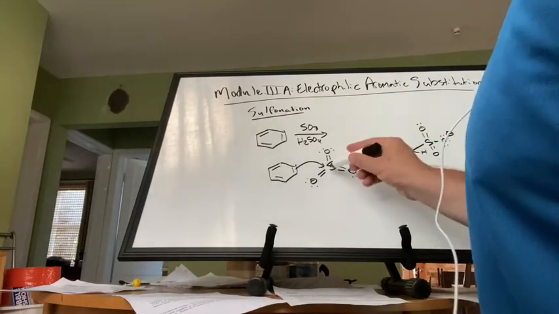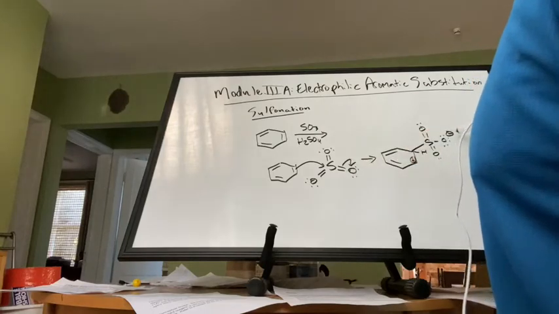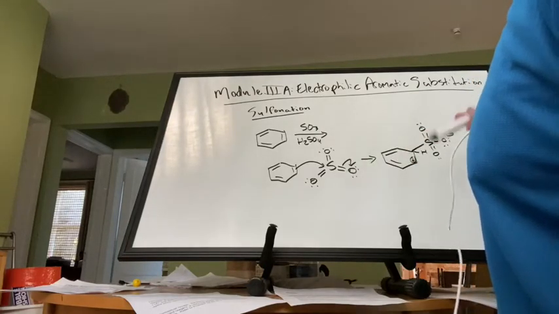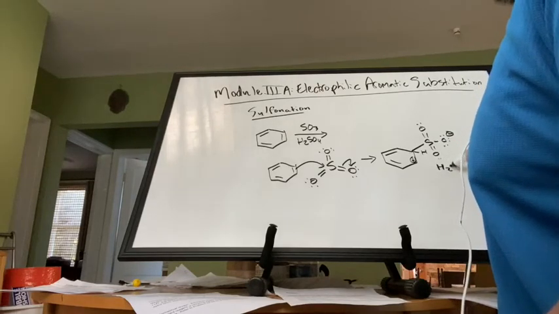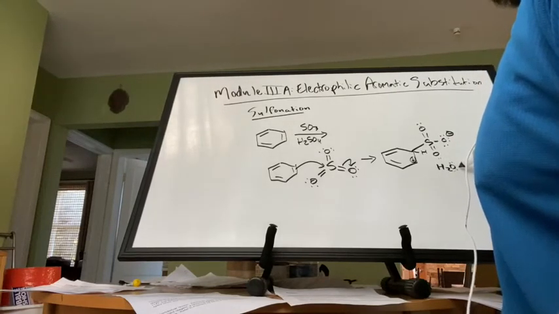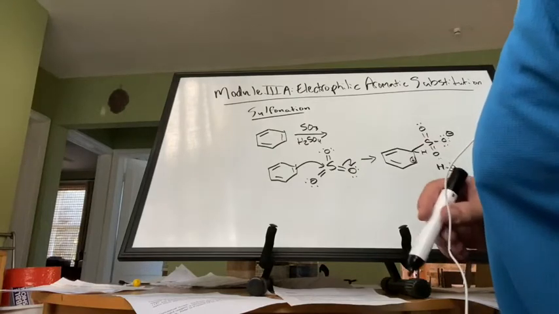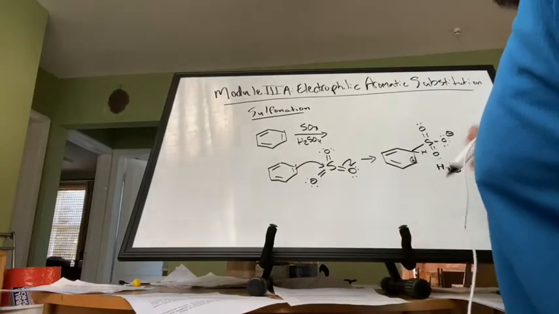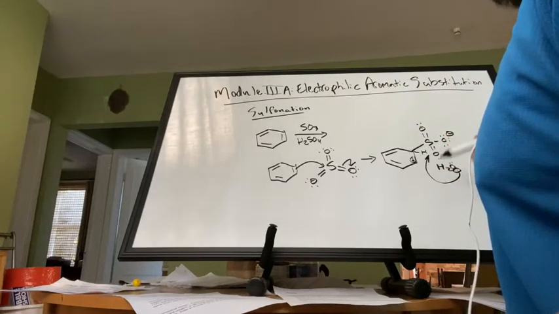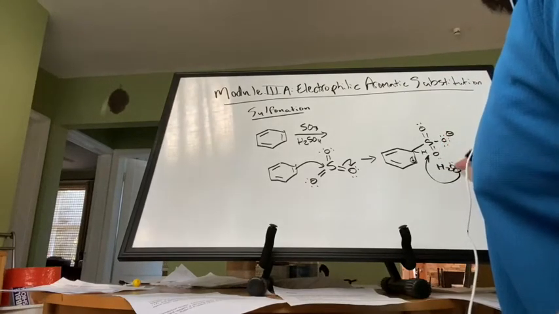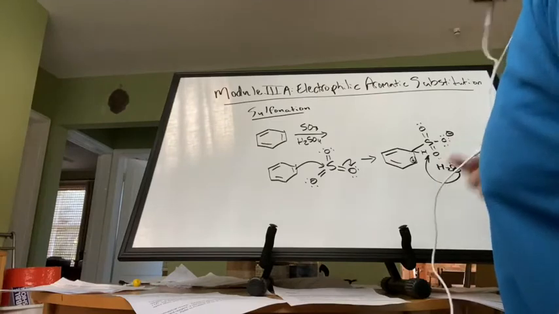Okay, so this is going to be net neutral, negative, positive to be net neutral. Okay. And you would also have a little bit of water here that would be generated. So, something acting as a base, right? It could be HSO4 minus.